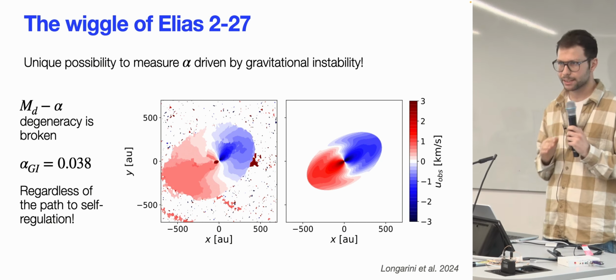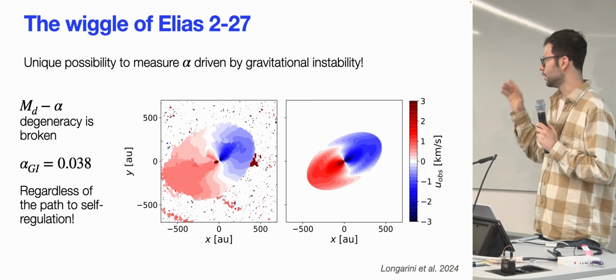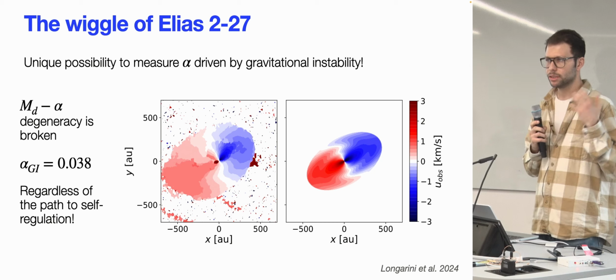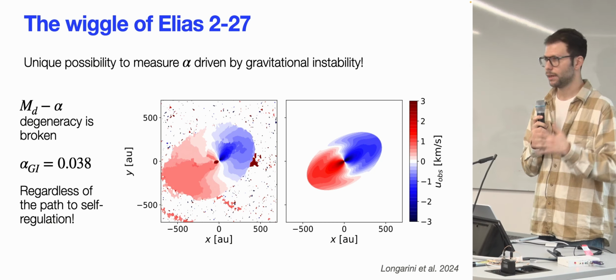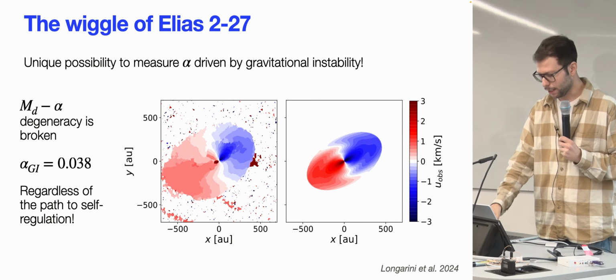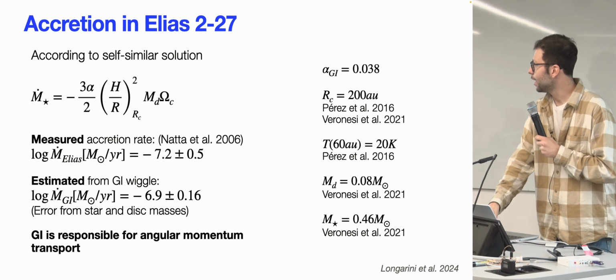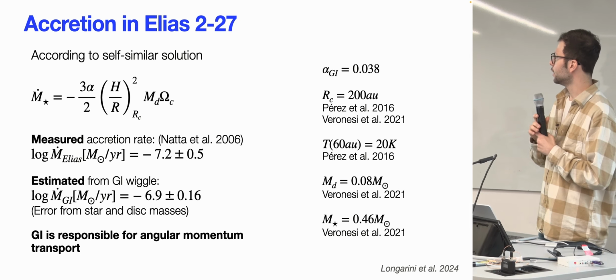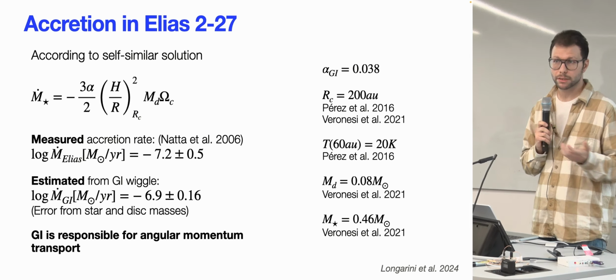What I want to stress again is that this estimate is regardless of the path to gravitational instability. This can be caused by cooling, this can be caused by infall, but the estimate of alpha doesn't care about this. To compare this value with something we can actually measure, we use the viscous theory.